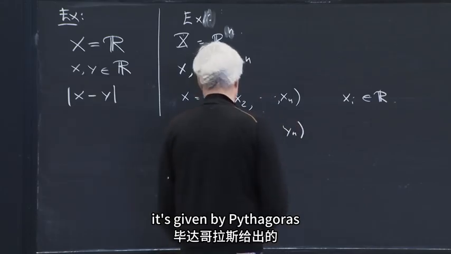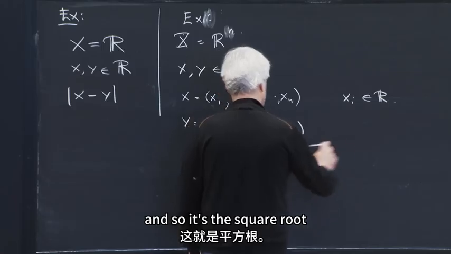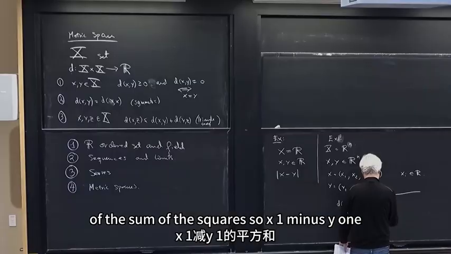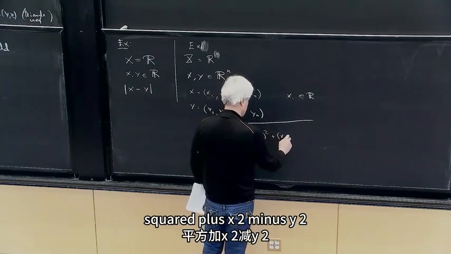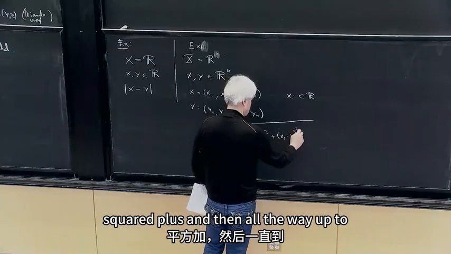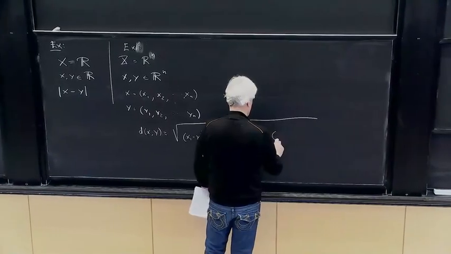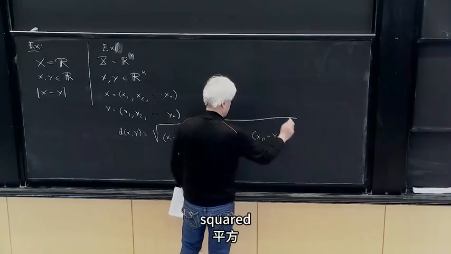It's given by Pythagoras, so it's the square root of the sum of the squares: x1 minus y1 squared plus x2 minus y2 squared plus, all the way up to xn minus yn squared.